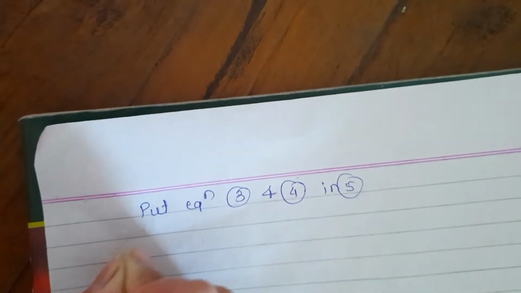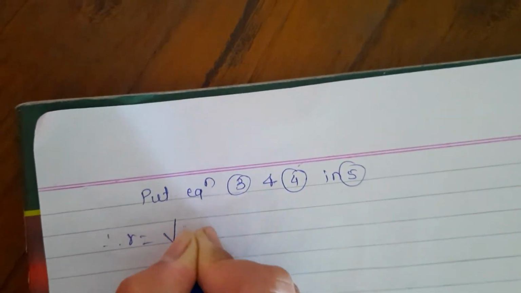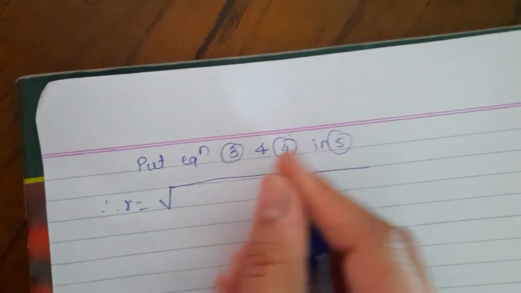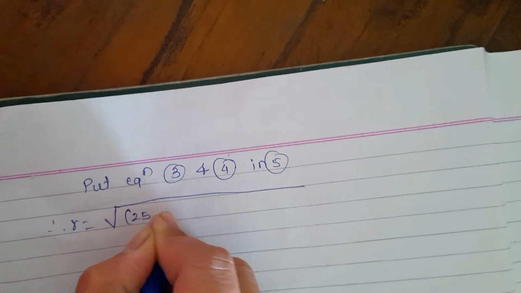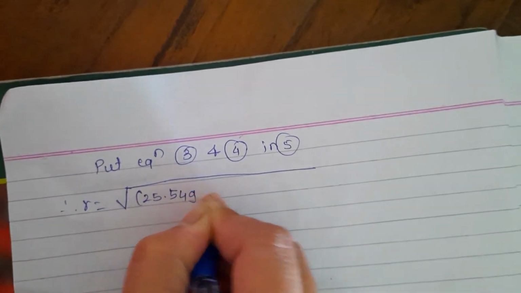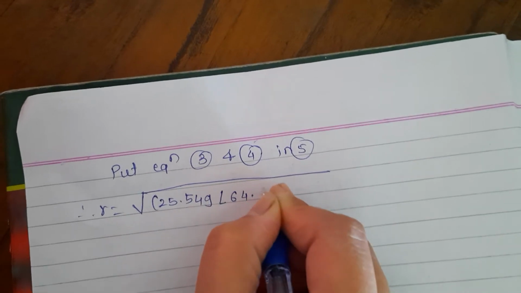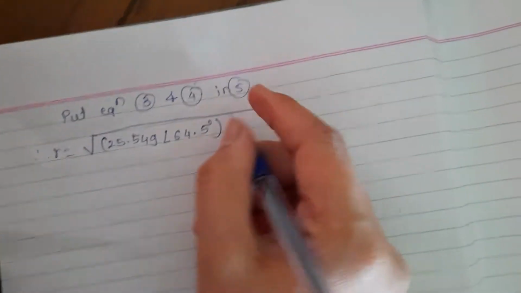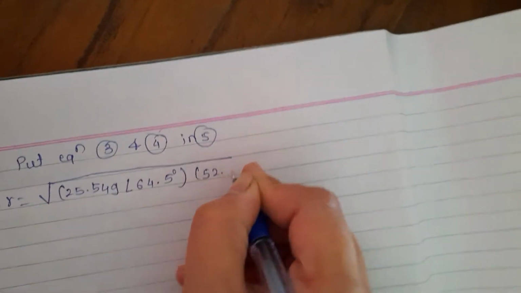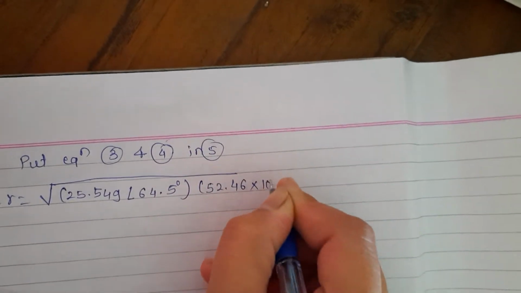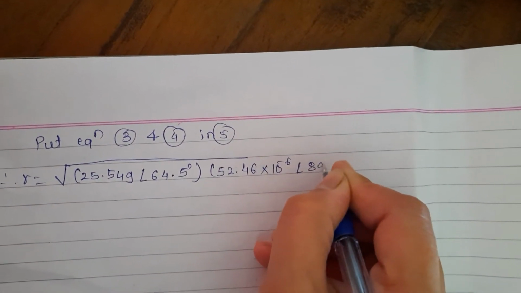So equation 5 becomes 25.54 angle 64.5 degree, and 52.46 into 10 raised to minus 6 angle 89.12.